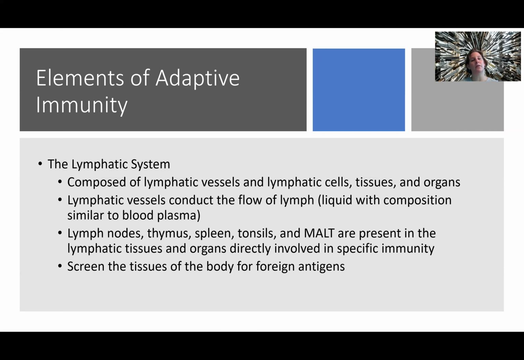So we consider not just the lymph nodes and vessels, but also our thymus, spleen, tonsils, and then what we consider the MALT system as part of this lymphatic system. And basically the lymphatic system is screening the tissue for foreign antigens, things that we just don't recognize and we don't think are our own self.